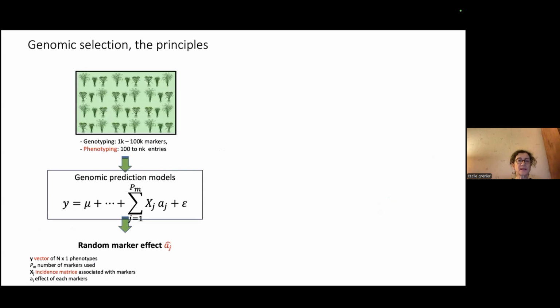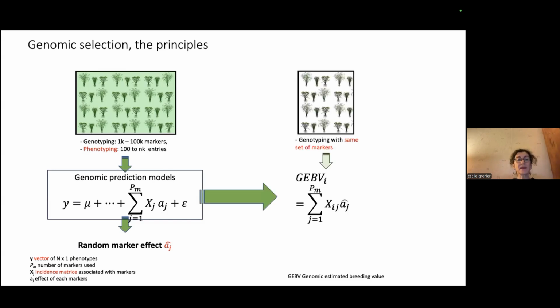The principle of genomic selection, so as I said, you have a reference population that is genotyped and phenotyped. You develop a prediction model, a statistical model that allows to estimate a random marker effect. So for each marker, you will have an effect. And then this marker effect will be used on a new population, which is a candidate population, which will be genotyped with the same set of markers. And with the information of the marker effects, we will calculate the genomic estimated breeding value of each individual.